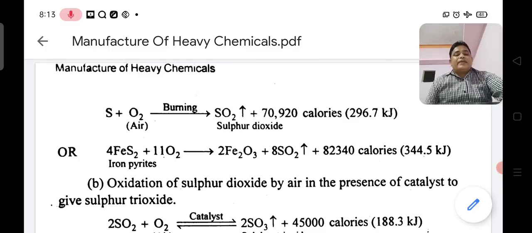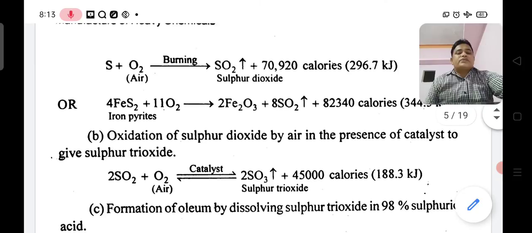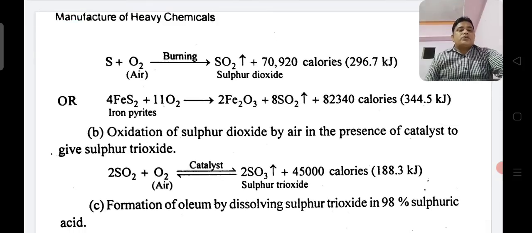The next step is the oxidation of sulfur dioxide. This is the most important step in the manufacture of sulfuric acid by the contact process, that is oxidation of sulfur dioxide by air in presence of a catalyst to form sulfur trioxide. That is nothing but the conversion of SO2 to SO3. Here sulfur dioxide is reacted with air in presence of a catalyst to form sulfur trioxide.